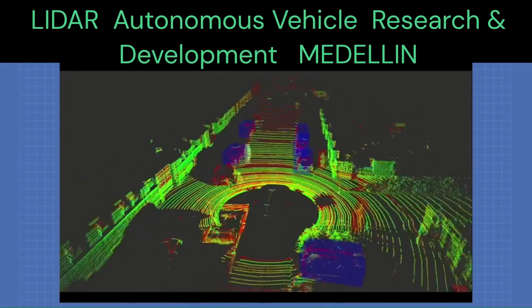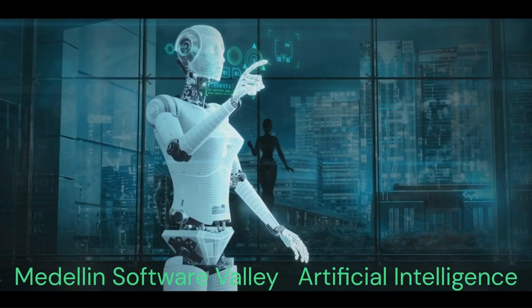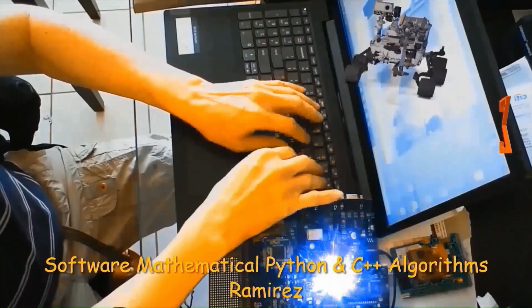A laser with a wavelength less than 1400 nanometers can damage the human retina, so the average power must be kept below the level required to comply with eye safety standards.